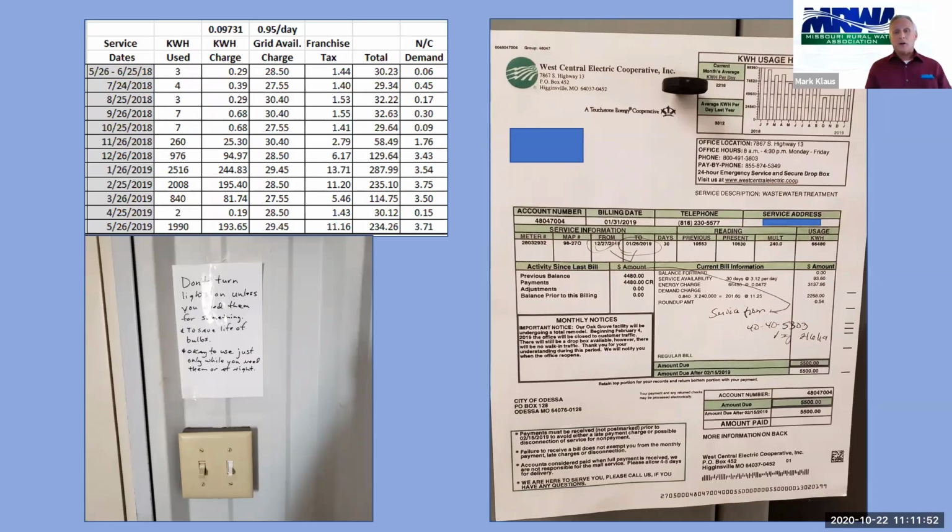Here's examples of where operators receive the bills or they look at it. They put up signs, don't turn on the lights unless you really need them. Another one, this one here is they actually hang this up in their room for the control panels for everything, where they have to turn things on and off and adjust the settings.